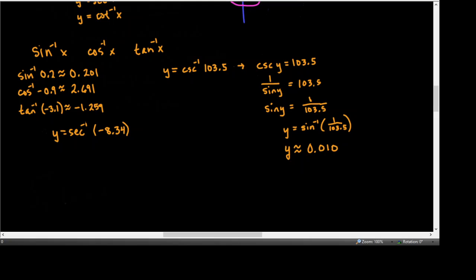And when you're done with that, I'd like for you to try y equals cotangent inverse of 2.8, and then y equals cotangent inverse of negative 12.8. Okay? So try those, put this on pause, try them, and see how well you do.